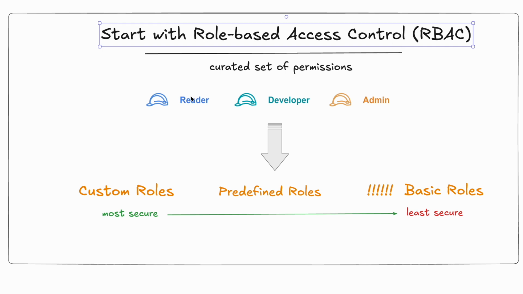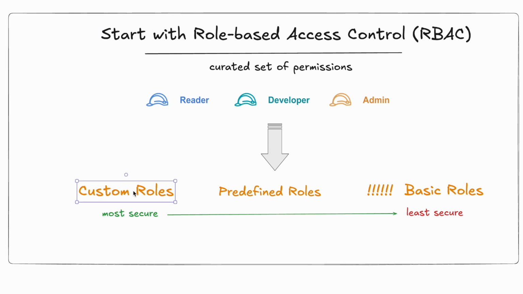In GCP, you implement RBAC using IAM roles, and there are three kinds of IAM roles in GCP. You have custom roles, which is the most secure option because they let you handpick only the permissions you need, and you can set those permissions based on your own organizational security policies of least privilege.